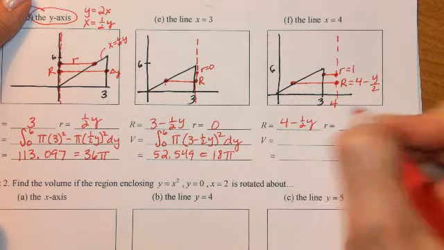If we're getting delta y's, then everything has to be in y's, right? Our curve was y is equal to x squared. It's no longer going to be y is equal to x squared. It's going to be x is equal to the square root of y. Why did I not take the negative? Because the negative would be over on this side, and we only want this side. Okay?